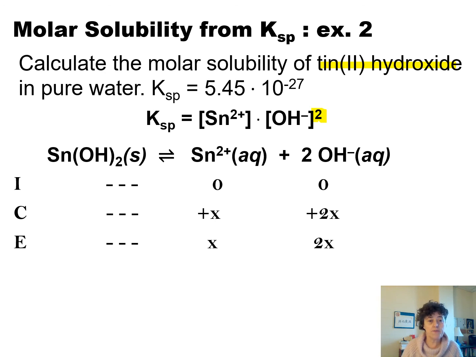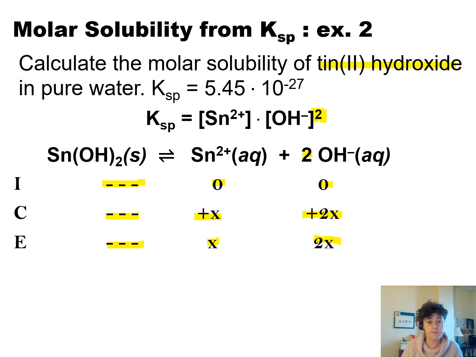Again, we have nothing for the solid because it's in a different phase, so its concentration is constant. The initial concentration is 0 for both, but the change for the hydroxide is twice as big as the change for the tin because of the coefficient of 2. So at equilibrium, the two concentrations are going to be X and 2X.